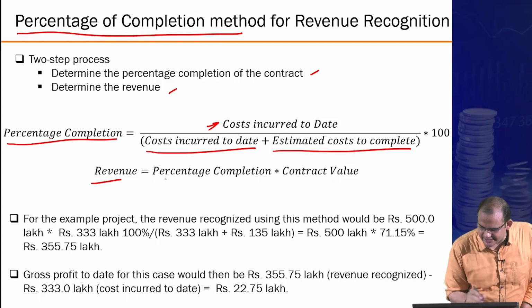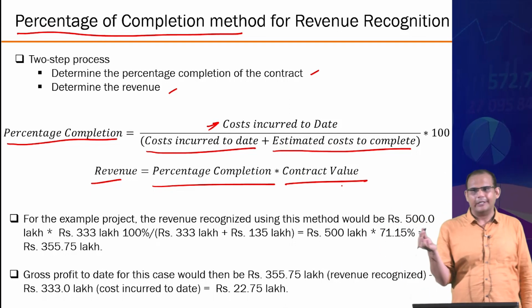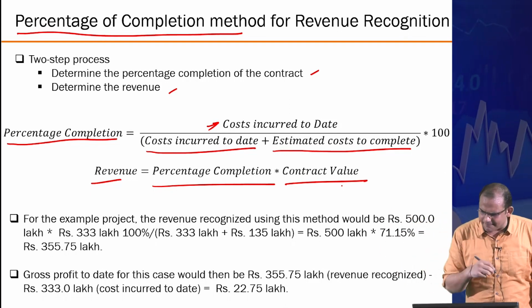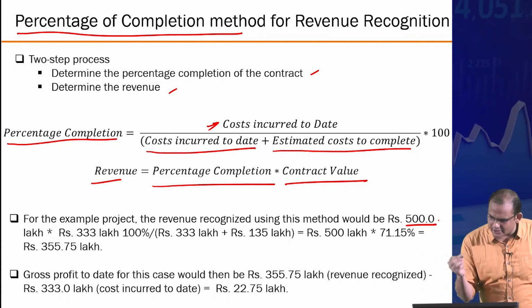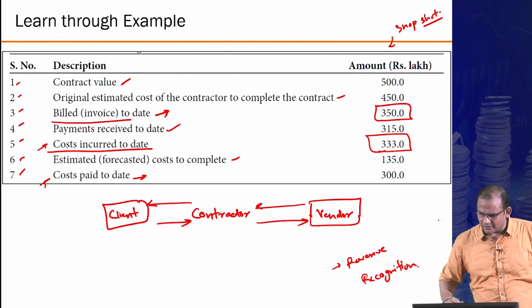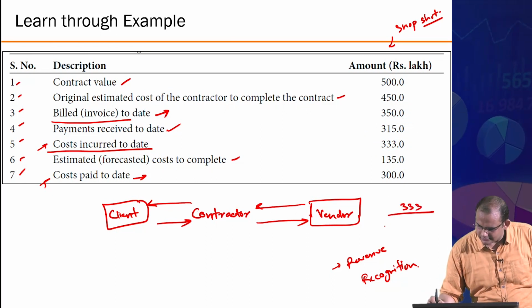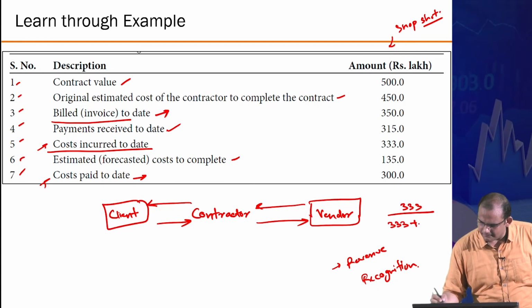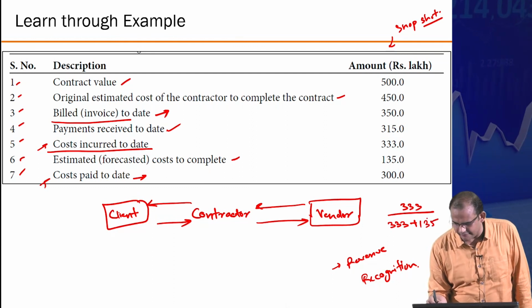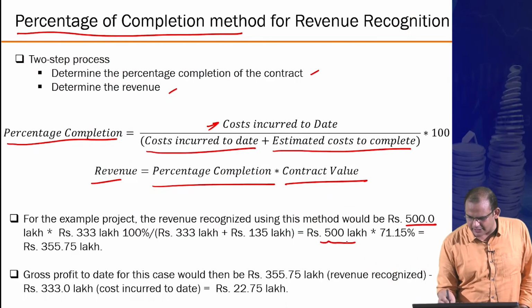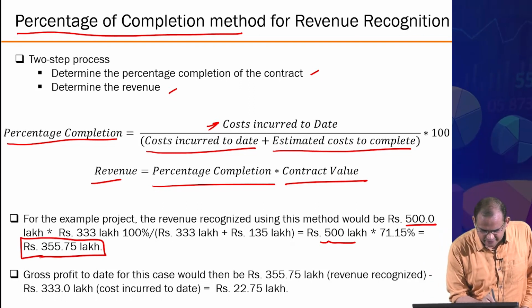And then the revenue is essentially the percentage completion multiplied by the contract value, right? So for the example that we were looking at, our contract value is what? 500 lakhs. Our cost incurred to date is what? 333. Plus how much more forecast for the cost that you are going to pay, right? So that's what? 135. And you multiply this by your total contract value. So the revenue will come out to be 355 lakhs in this case.